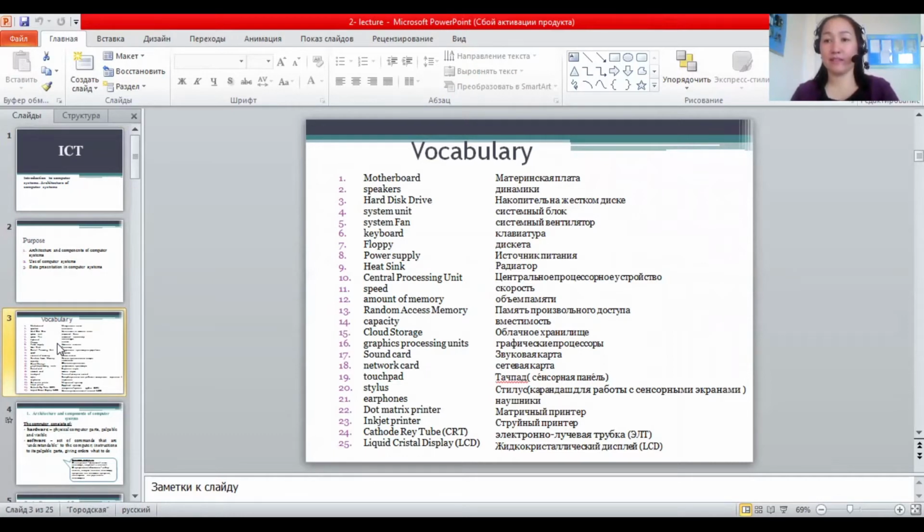In the second lecture, we're going to talk about RAM, yes, RAM, capacity, cloud storage, sound card, network card, touchpad, earphones, matrix printer, laser printer, cathode ray tube, and liquid crystal display. It's all our new words.